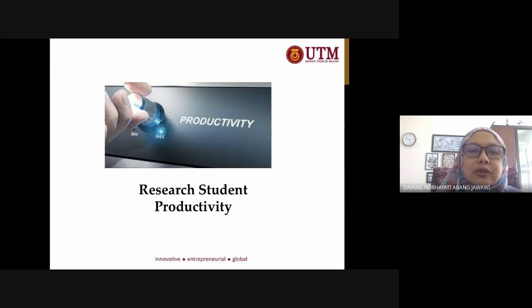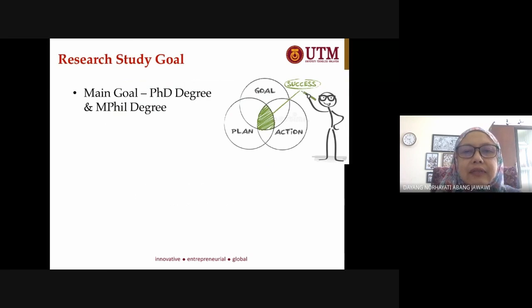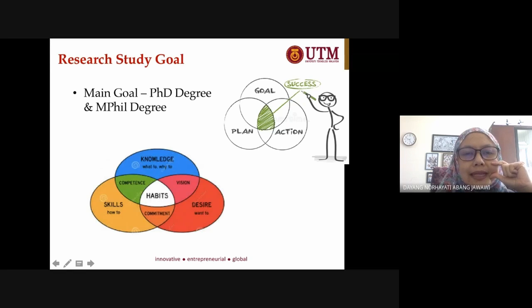When I go to research student productivity, if we talk about productivity, we want to achieve certain goals. In this case, we want to get a PhD degree and an MPhil degree. In order to achieve the goal, we need to plan and act in order to succeed.